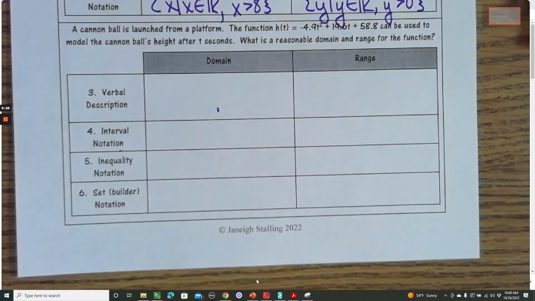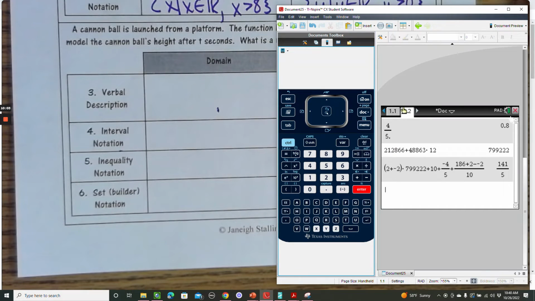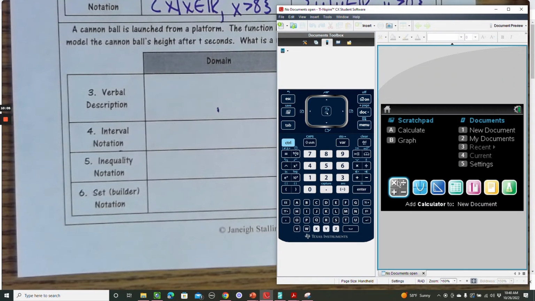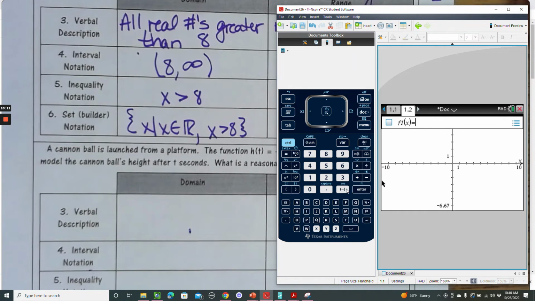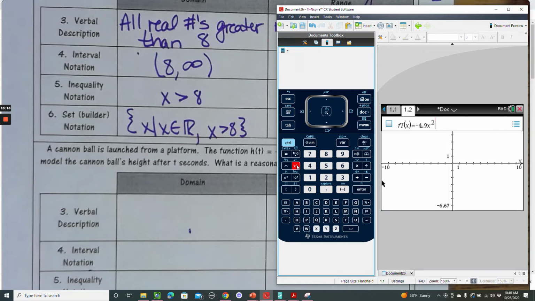I can take this equation and plug it into the graph. That is not what I told you to do. All right, so we've got, and I use x instead of t, negative 4.9 x squared plus 19.6x plus 58.8.